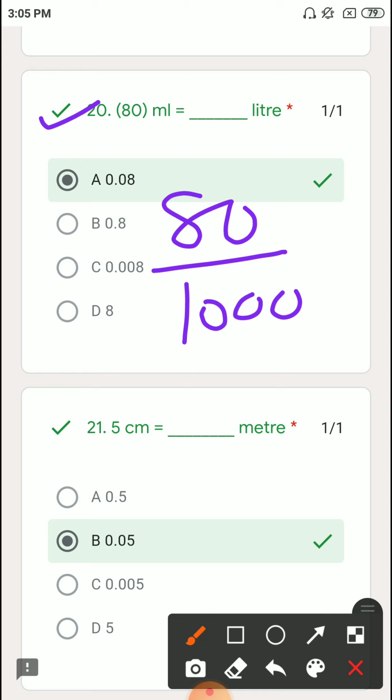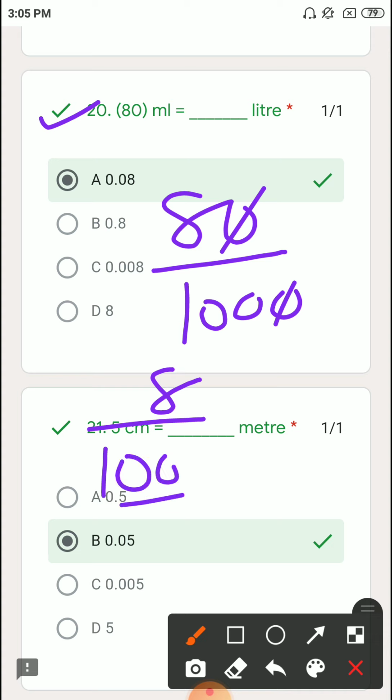Okay, we need to divide 80 by 1000. Now 10 cuts from here, so 8 divided by 100. Okay, in denominator we have two zeros, so in numerator before 2 digits we need to put a decimal point, but in numerator we have only 1 digit, so put one extra 0, then here point, and here again 0, so 0.08.